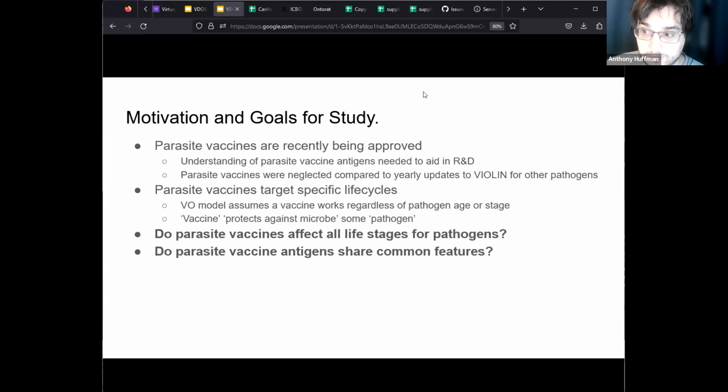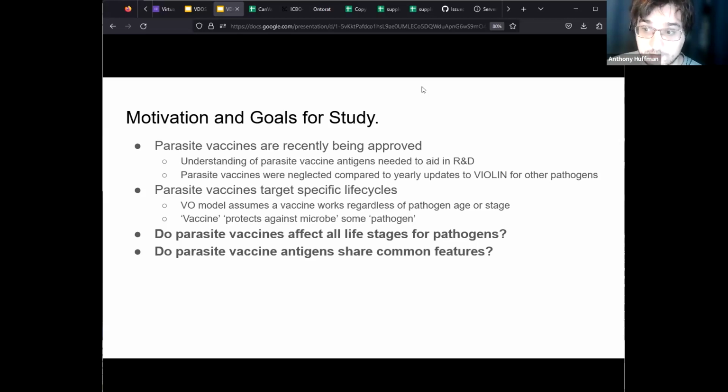Because of that, we've been mostly focusing our updates in VIOLIN on virus and bacteria. So we have a gap of a couple of years before I joined the lab where we did not really have anyone focusing on updating parasite vaccines. And with the recent updates in the last few years, this seems like a good time to update that.